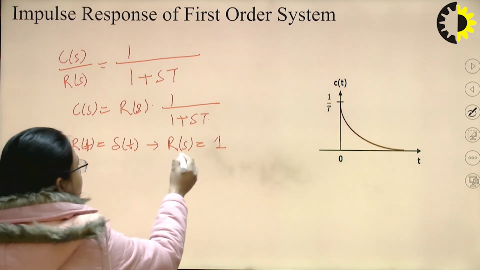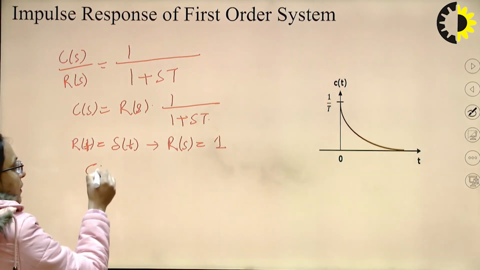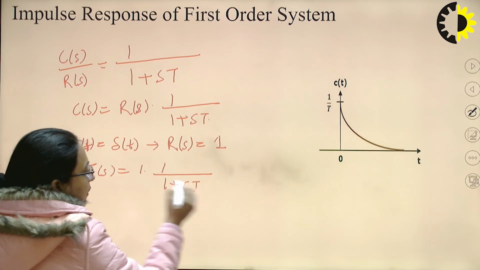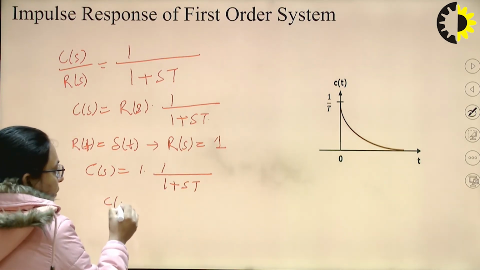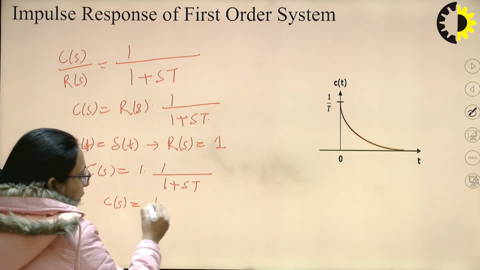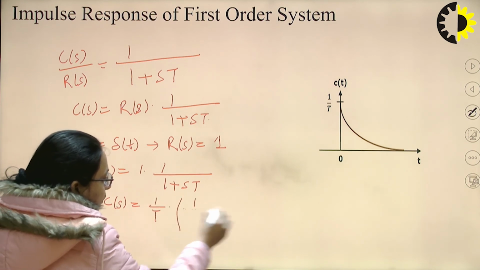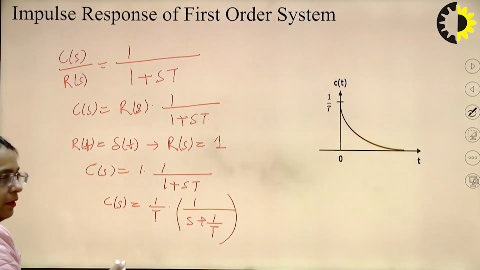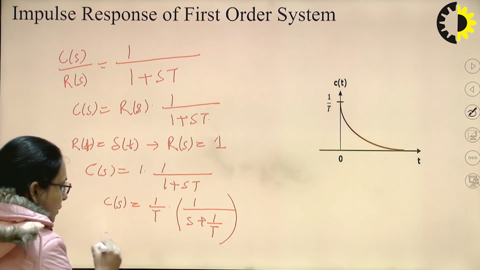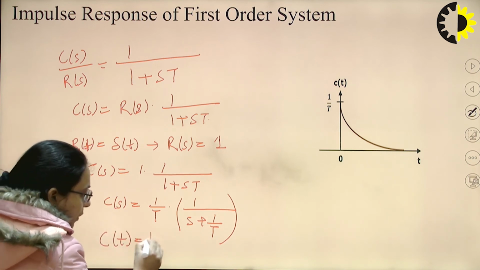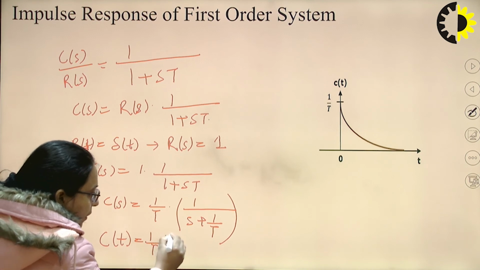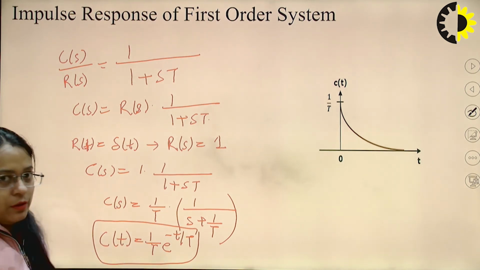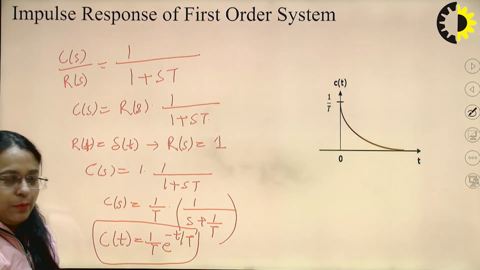So putting the value of R(s) in this equation, we will get C(s) equal to 1 into 1 upon 1 plus sT. By simplifying it, we can take T as common, 1 upon T into 1 upon s plus 1 by T. By taking the inverse Laplace transform of this, we will get c(t) equal to 1 by T into e raised to the power minus t by capital T. So this will be the response of the first order system when subjected to unit impulse input.